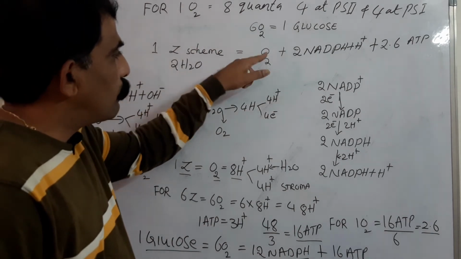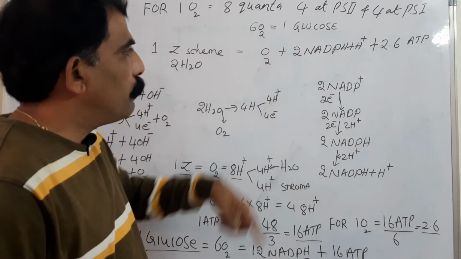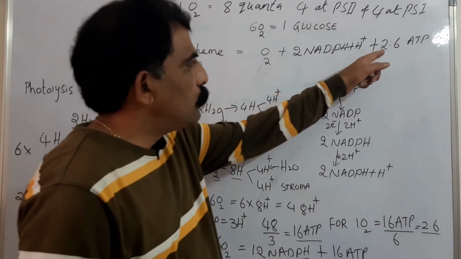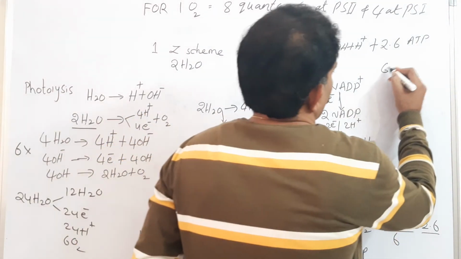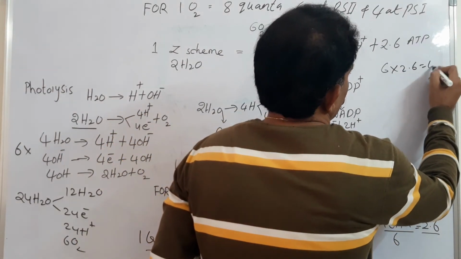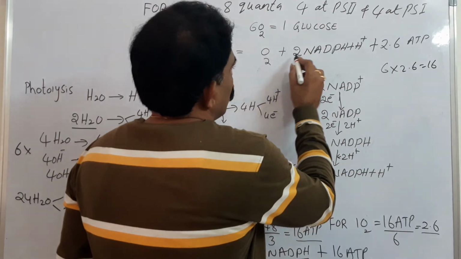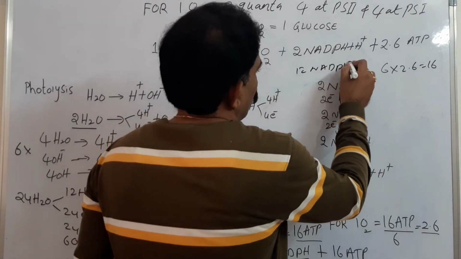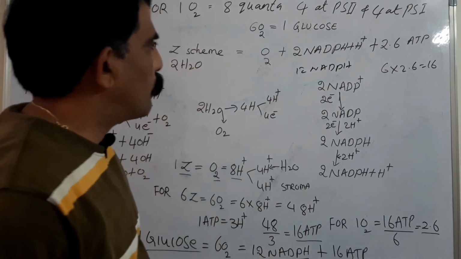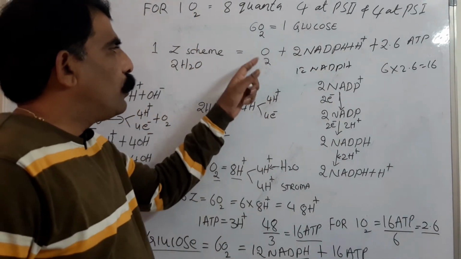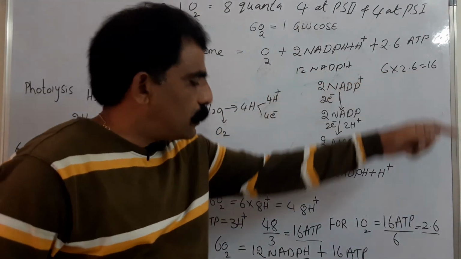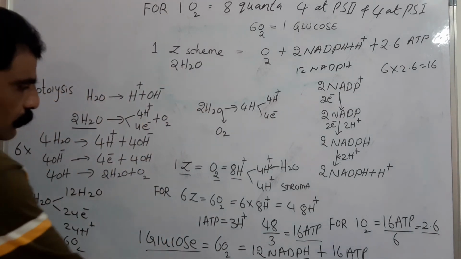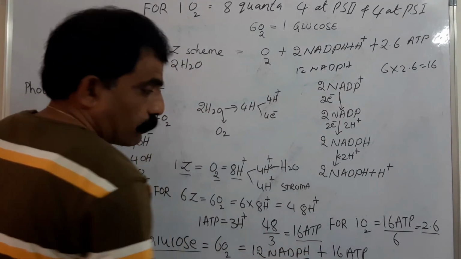For 6 molecules of oxygen, 6 into 2 equals 12 NADPH, and 6 into 2.6 equals 16 ATP. So during the evolution of 6 molecules of oxygen, only 12 NADPH and 16 ATPs are formed.